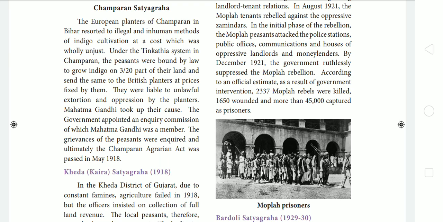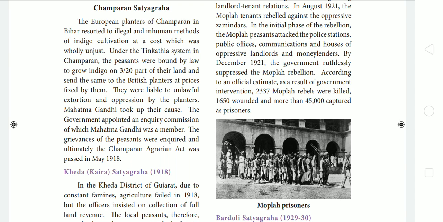Then they had to send that produce to the British planters at the price which was fixed by the British. So they were liable to unlawful extortion and oppression by the planters.